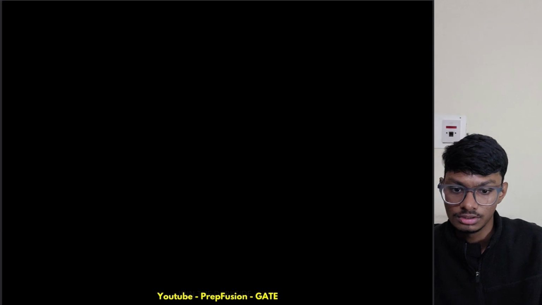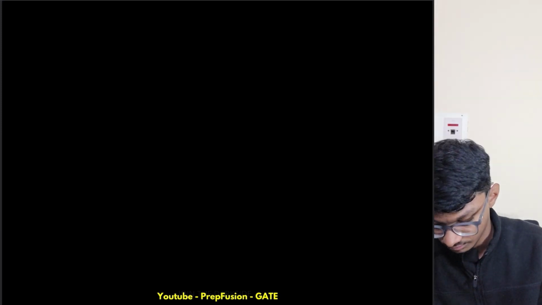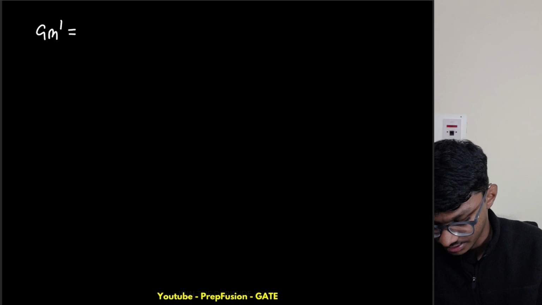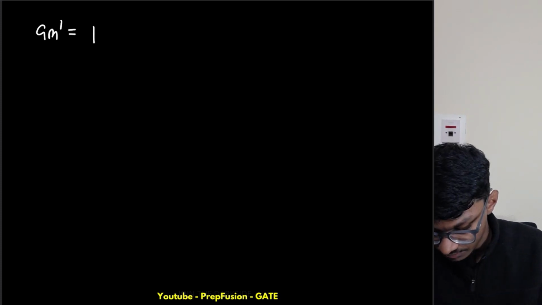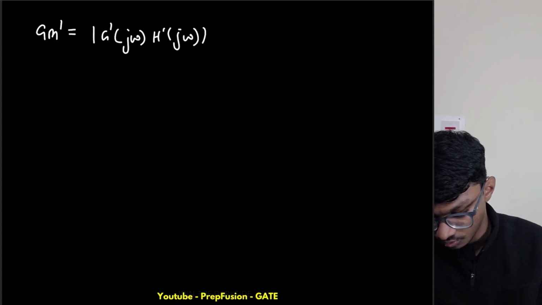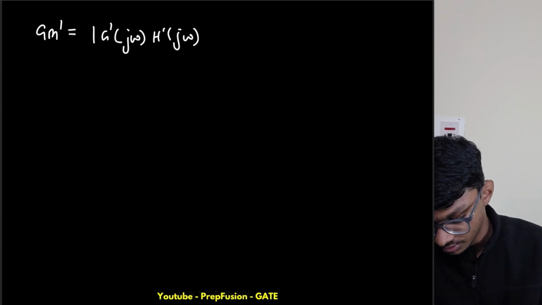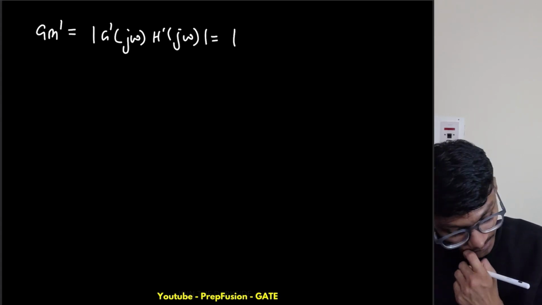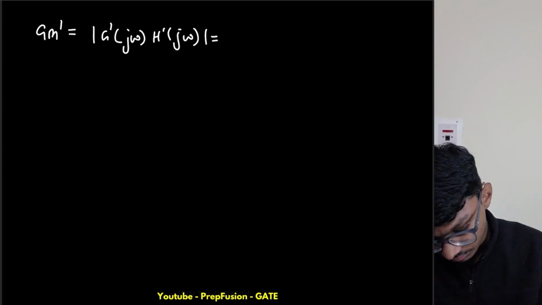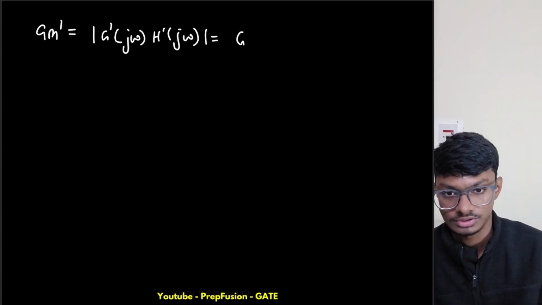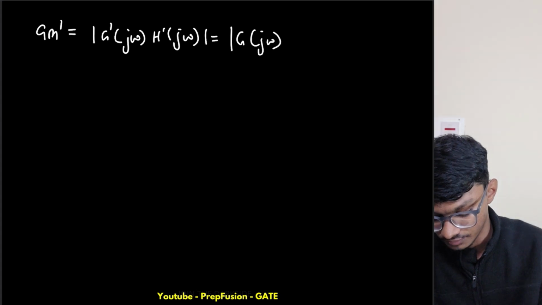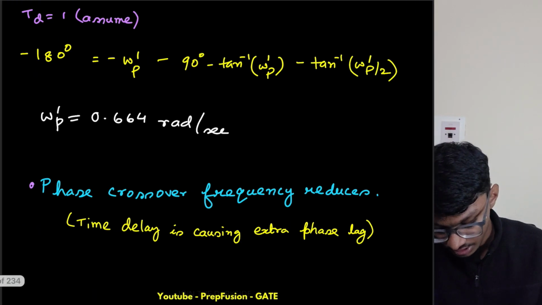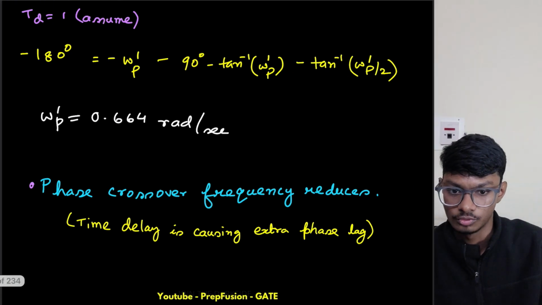Now let me prove it to you in written format, theoretically. So what is happening to the gain margin? Let's say GM dash. GM dash is simply g of j omega into h dash of j omega. Now this is equal to, since the exponential's magnitude is 1 itself, g of j omega into h of j omega. So you put in this 0.664, you put the value of this one.